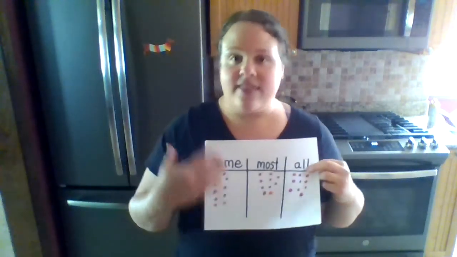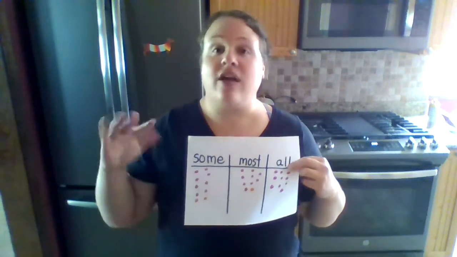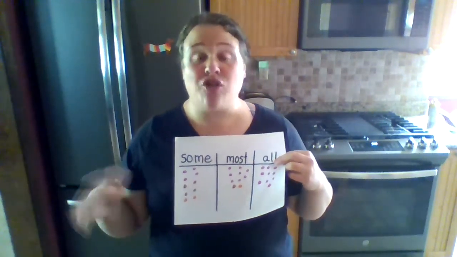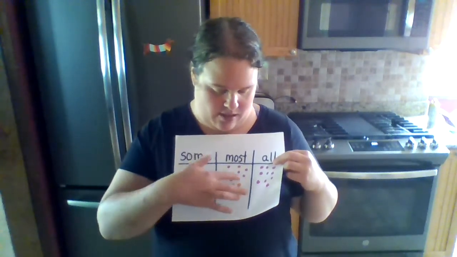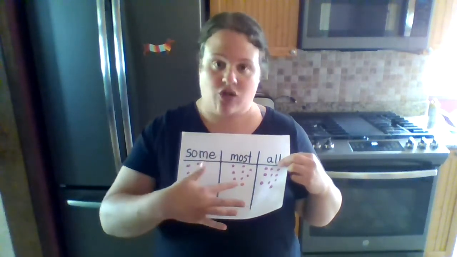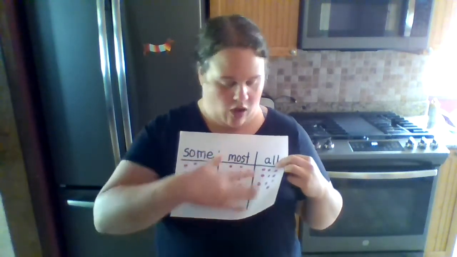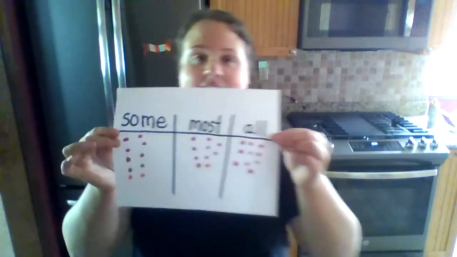Some means there are a few dots, partially some of the dots that we want. Most means we have a lot of these, but then there are 2 that are not, and all means the entire thing.